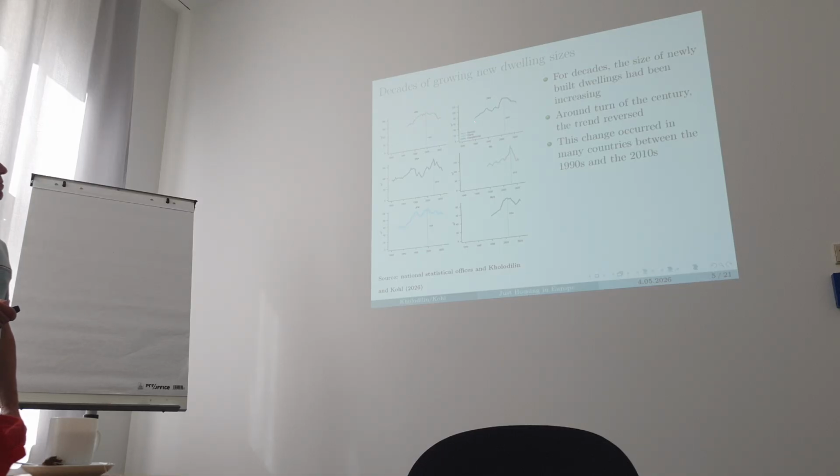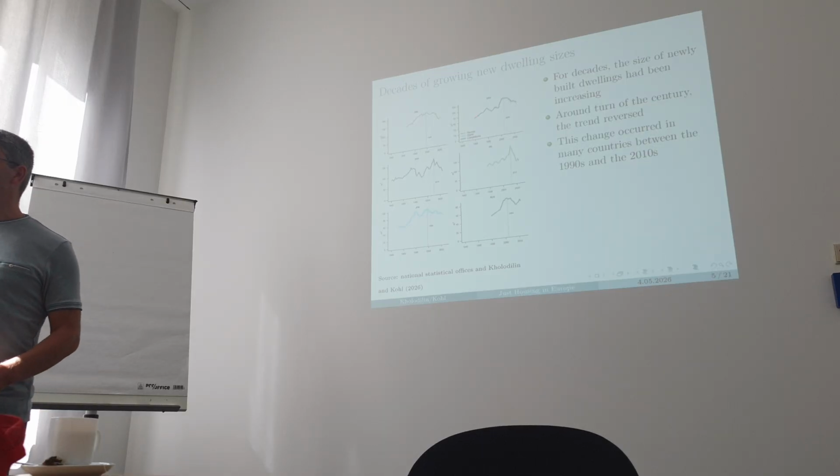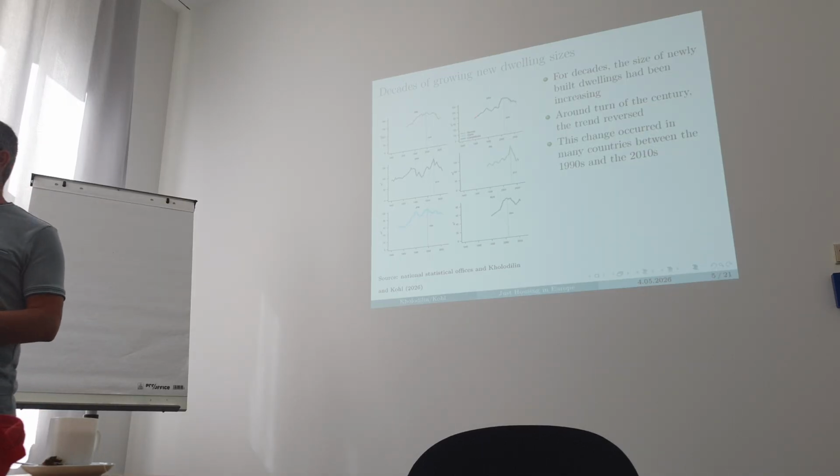In Germany from 70 square meters to 120 square meters. So you see that in all these cases we have an upward trend. Of course it's interrupted from time to time. We have some fluctuations. These are most likely related to the housing cycle, as we'll see later on.